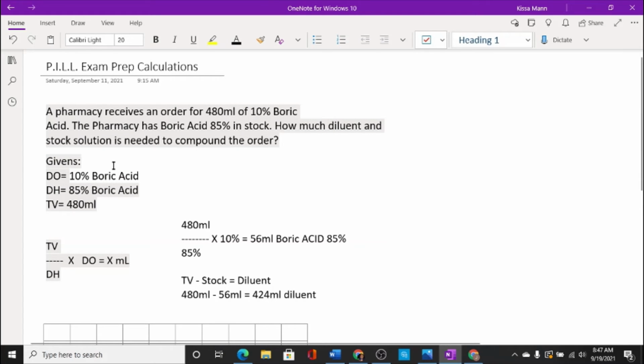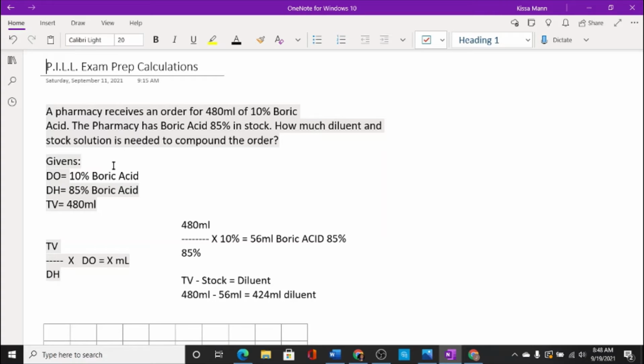We have a higher stock solution. We do not have a lower stock solution. So it would be difficult to plug and play those values to get our dose ordered solution that the physician ordered. Yet if we read the equation again, just because we do not have a percentage for our diluent that we'll be using to compound to get our dose ordered solution, it doesn't mean that there isn't a percentage available.